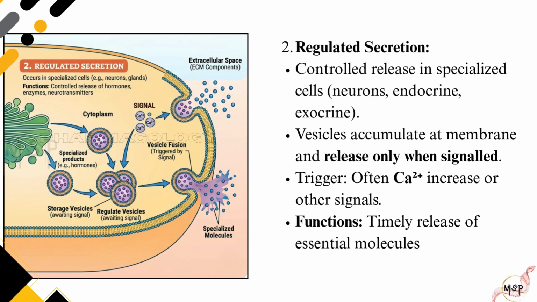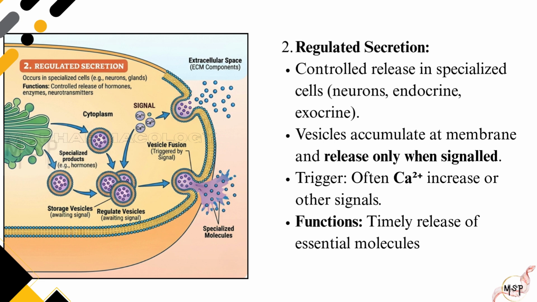Path 2. Regulated secretion. This is the fire station. Unlike the constitutive path, these vesicles, often called secretory granules, accumulate near the cell membrane. They are docked and loaded, but locked in place. It is a controlled process in which vesicles accumulate near the plasma membrane and are released only in response to a specific extracellular signal.